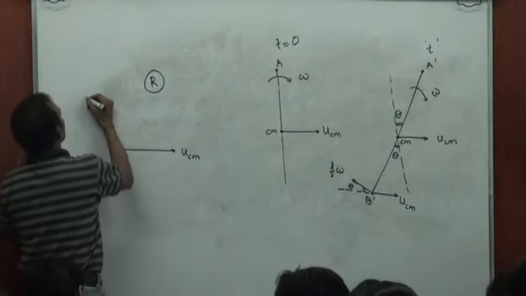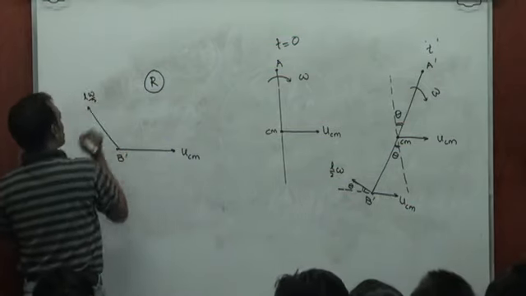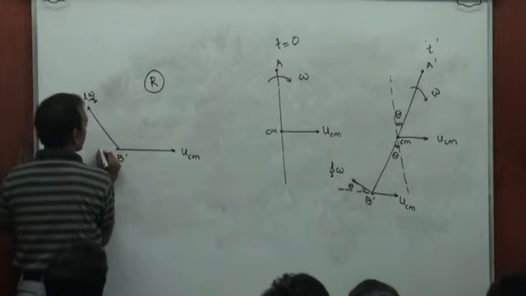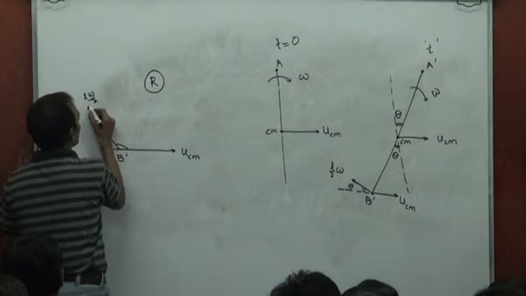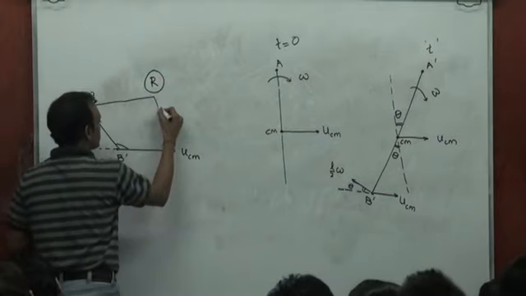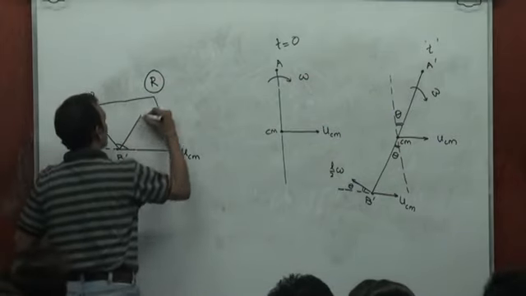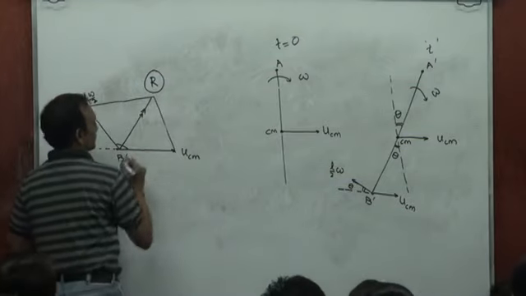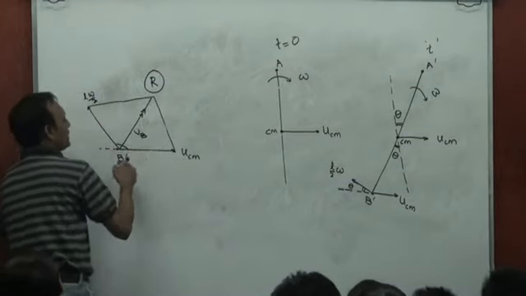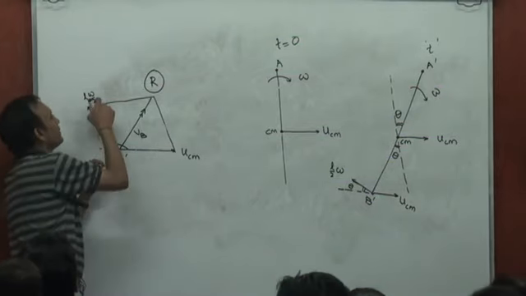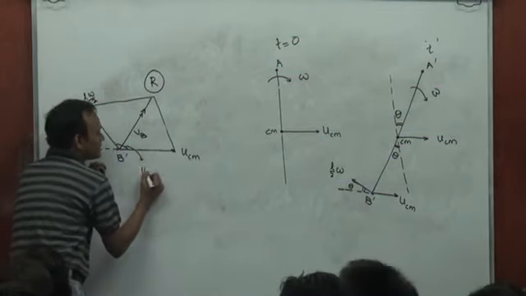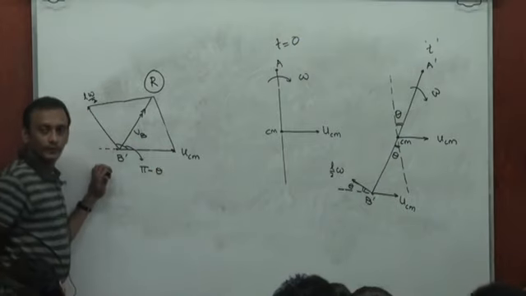Now, the point B therefore has a velocity UCM like this, has a velocity L omega by 2 like this, and the angle between these two is pi minus theta. So the net velocity of the point B at this instant can be obtained from the parallelogram law, right?